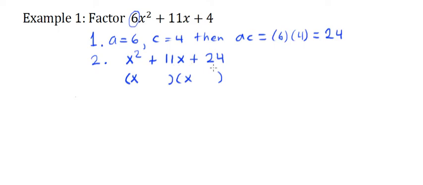And now we have to find two numbers whose multiplication is 24 and whose sum is 11. Those two numbers turn out to be 8 and 3, right? 8 times 3 is 24, 8 plus 3 is 11. So positive here, positive here. Okay, so we factor this.